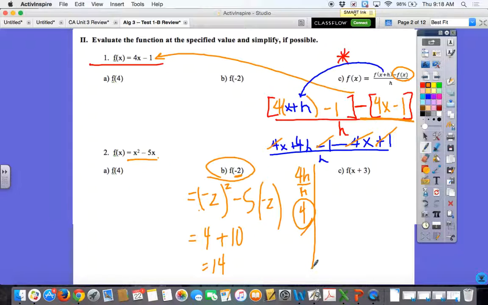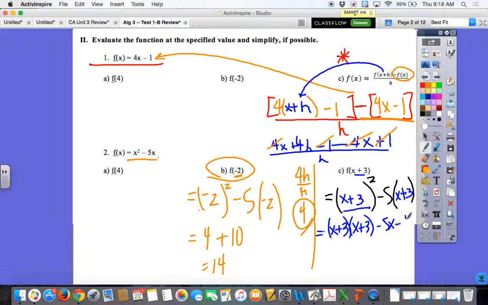C is similar. You're going to start it out the exact same way. Group squared minus 5 times the group. Just so happens that this time we're putting in x plus 3. When you have a binomial raised to the second power, y'all have told me that y'all prefer to write this thing twice. And then over here, you can just distribute like normal.